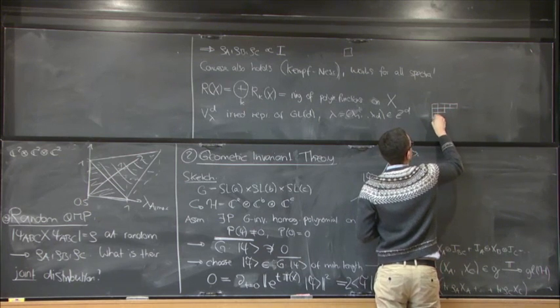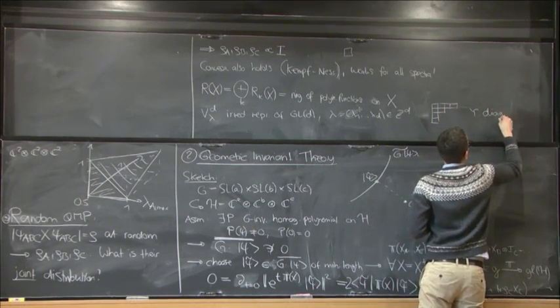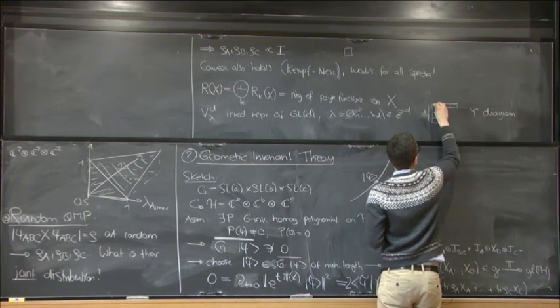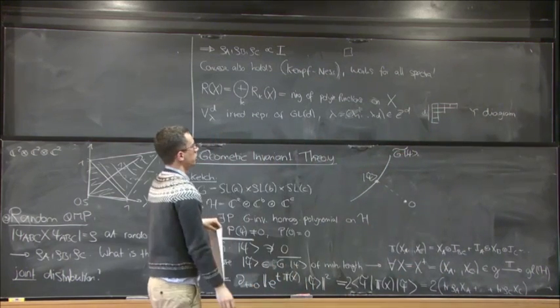So Young diagrams, where this is D, and the first row has lambda_1 boxes, the second lambda_2 boxes, and so on. This is just a concrete way.